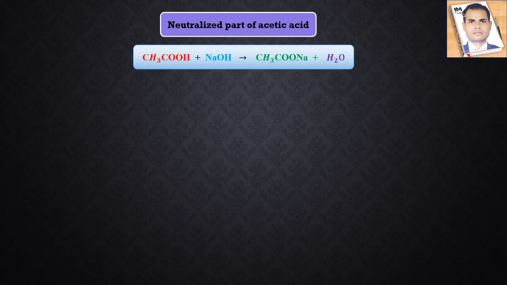We know the concentrations: 0.1 normal acetic acid, and NaOH of 0.1 normal concentration and 7.5 ml. This is the part reacted with the acetic acid. So 7.5 ml of NaOH reacts with 7.5 ml of acetic acid, the same volume. That's why we call it the neutralized part of acetic acid.